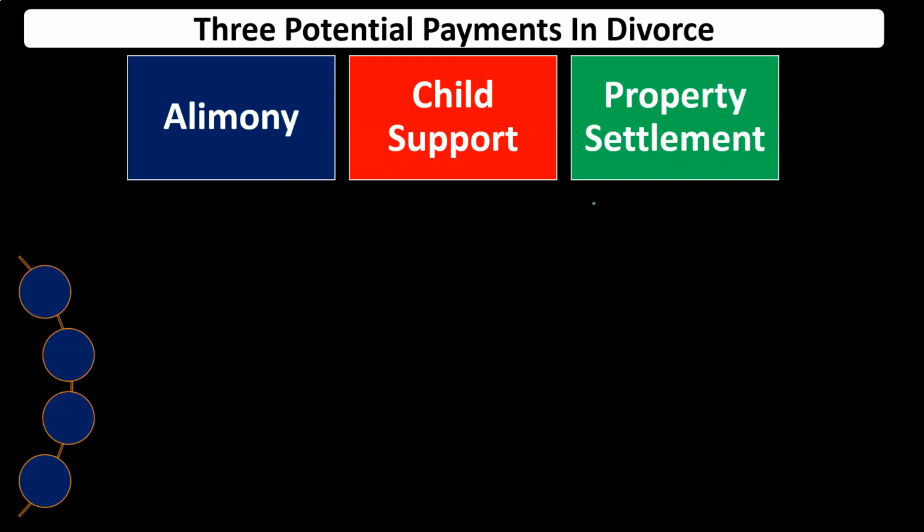If you consider that they were one entity for tax purposes, you're just splitting that one entity into two, and therefore there shouldn't be an income consequence for tax purposes there. Then you have child support, which could be a future payment. That might not be part of the actual property settlement.